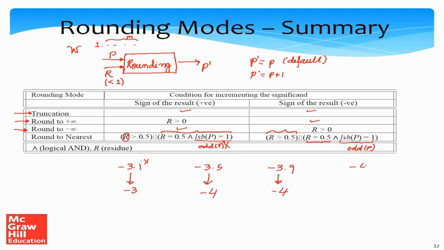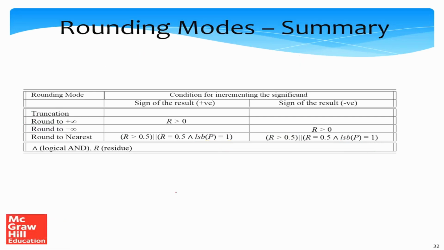Had it been minus 4.5, then this condition would have been false, because 4 is an even number. So instead, we would have rounded it to minus 4, which is exactly what we want in this particular scheme: we always want to round to an even number if the residue is 0.5.